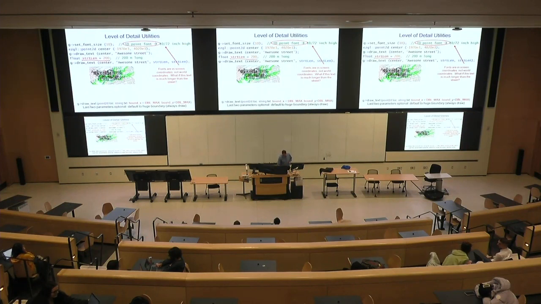I could pass that street length in as both my bound X and my bound Y to this draw text routine. What it means is if this text is going to occupy space on the screen that is bigger than 200 meters would occupy, don't draw it. It basically means if it's bigger than the street, don't draw it. So this is a pretty simple way that you can avoid drawing lots of text when you're zoomed out.